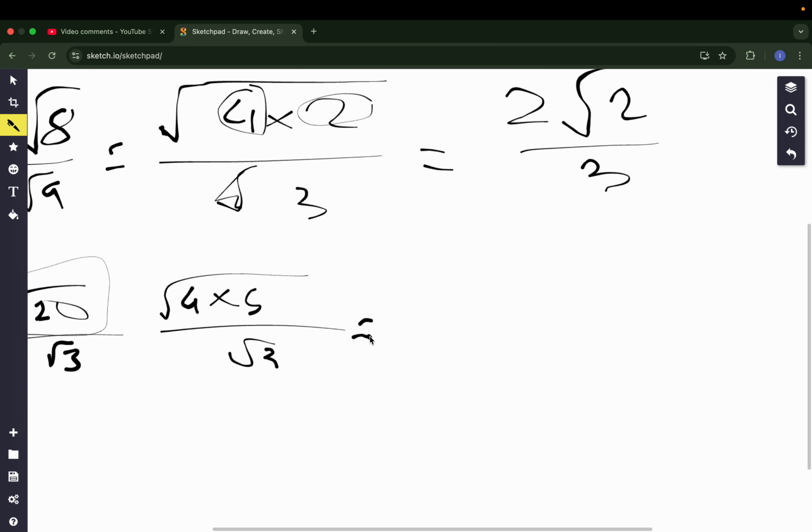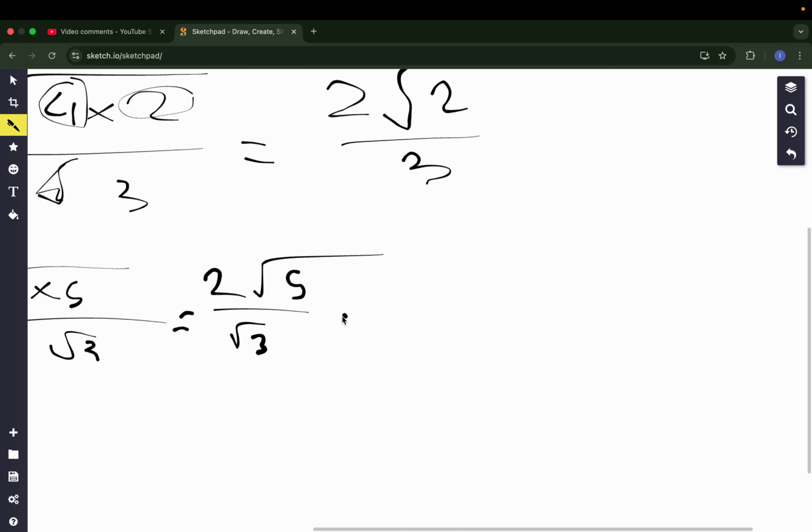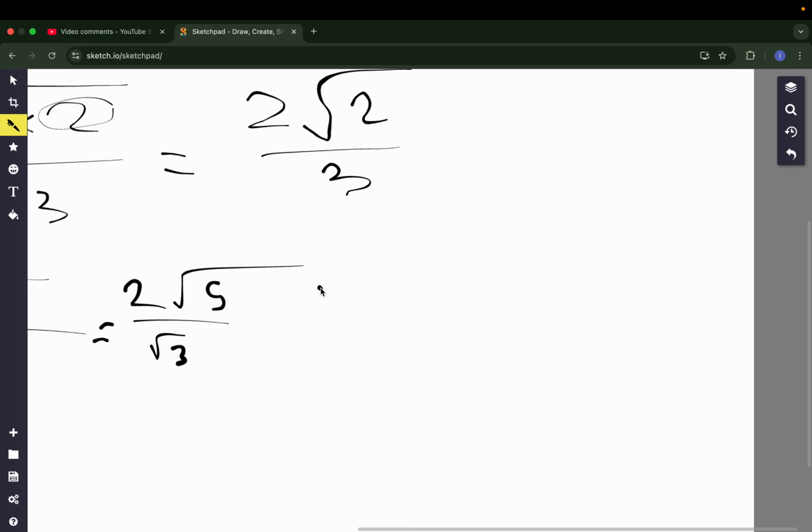And the same thing from before, bring the 4 on the outside, which is 2, because you're square rooting it, times the square root of 5, over the square root of 3. But now what do we do? Because we can't have a square root of 3 on the bottom, because it's a denominator, right?